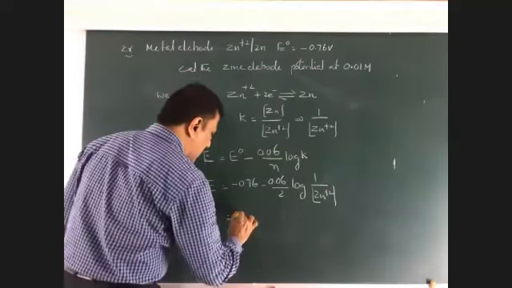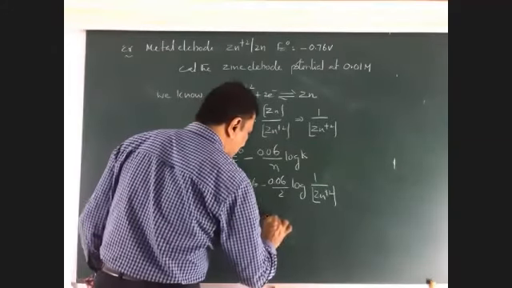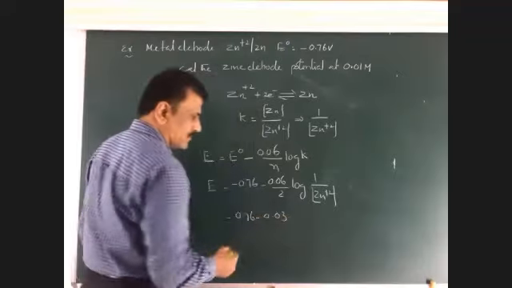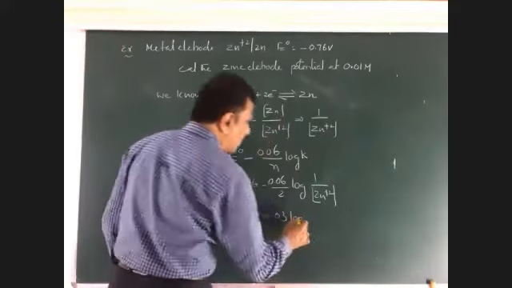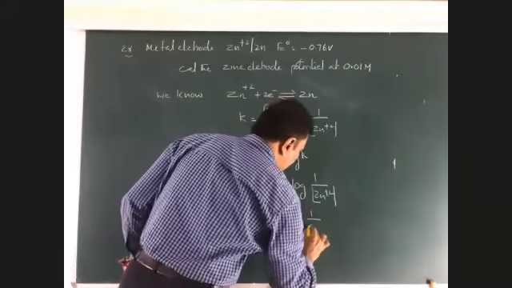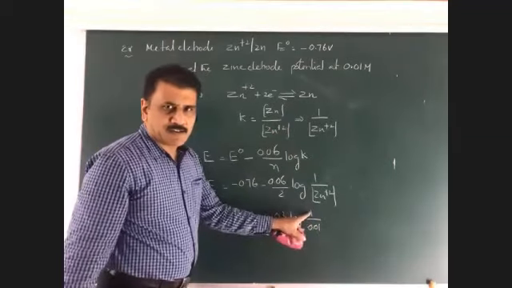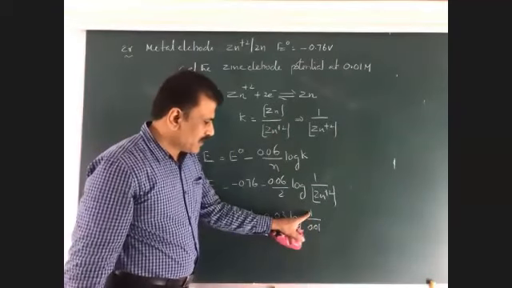Now minus 0.76 minus 0.03 into, what is the zinc ion concentration given? 0.01. 1 by 0.01, that is 10 power 2.